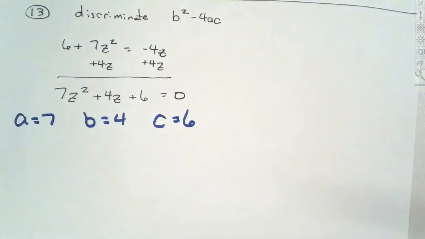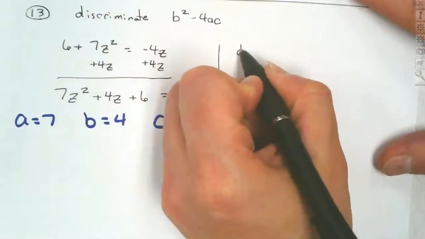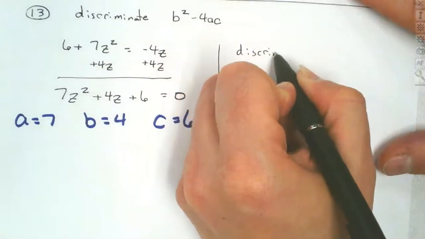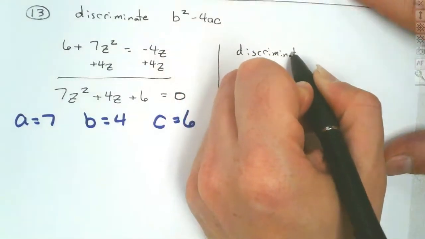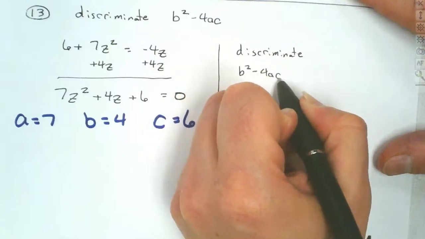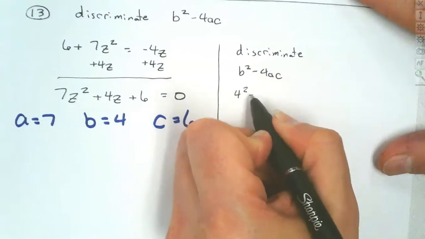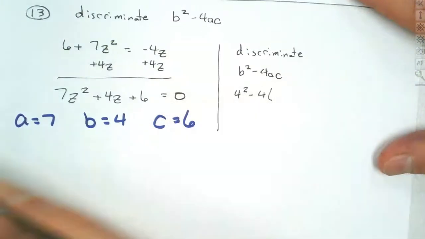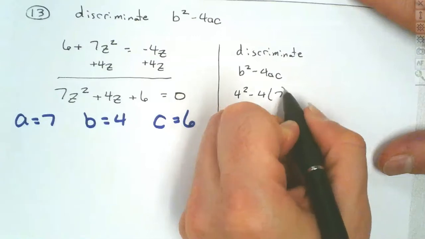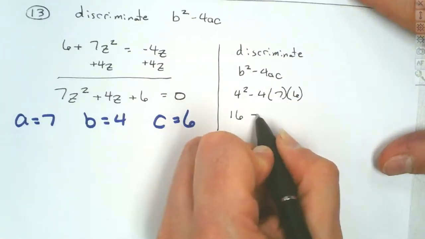Now let's work out our discriminant. So again, that is b squared minus 4ac. So that is 4 squared minus 4 times 7 times 6.